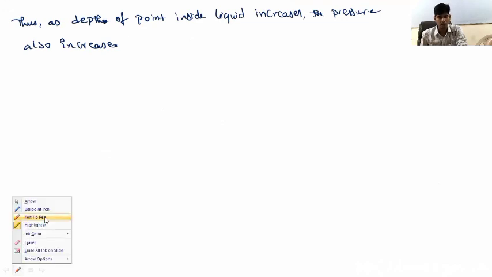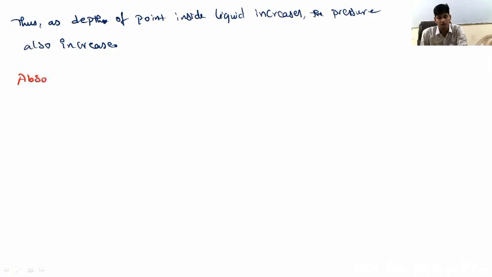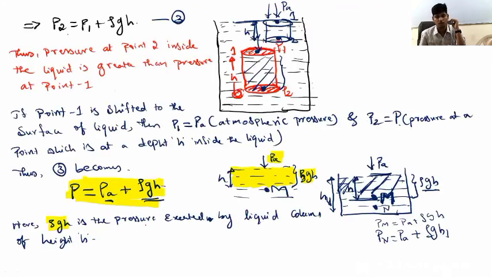So we can now define a terminology called absolute pressure. What is absolute pressure? Absolute pressure is the sum of pressure exerted by the atmosphere and the liquid column of height h. What is P?